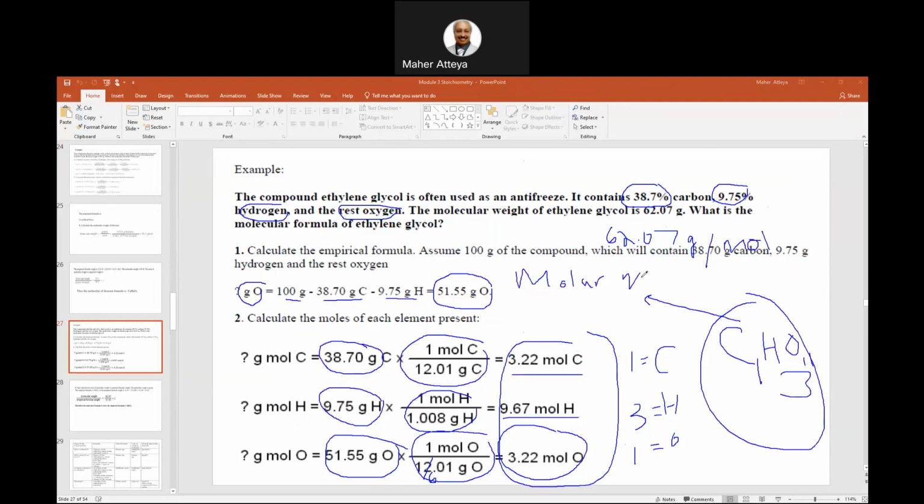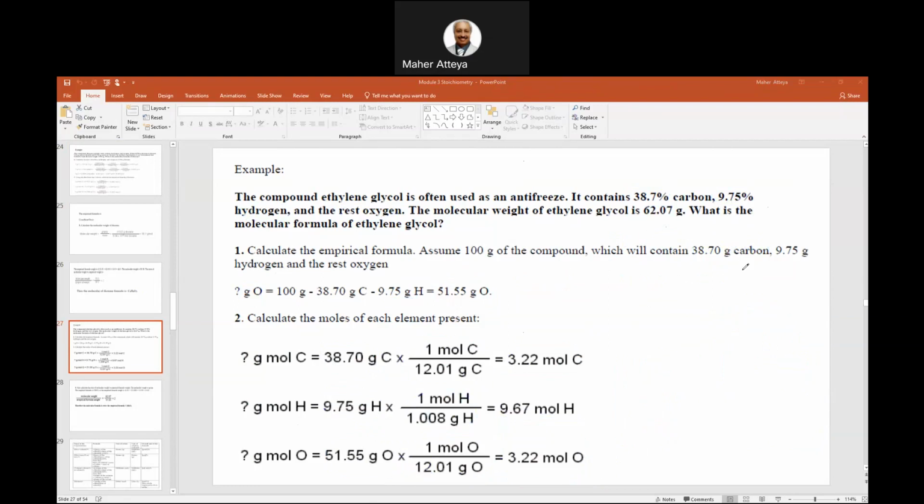Molar mass of this, you have 1 carbon plus 3 hydrogens plus 1 oxygen.